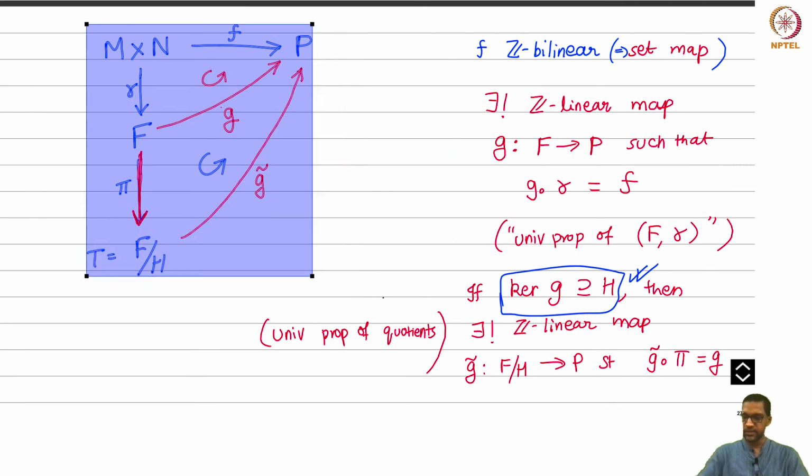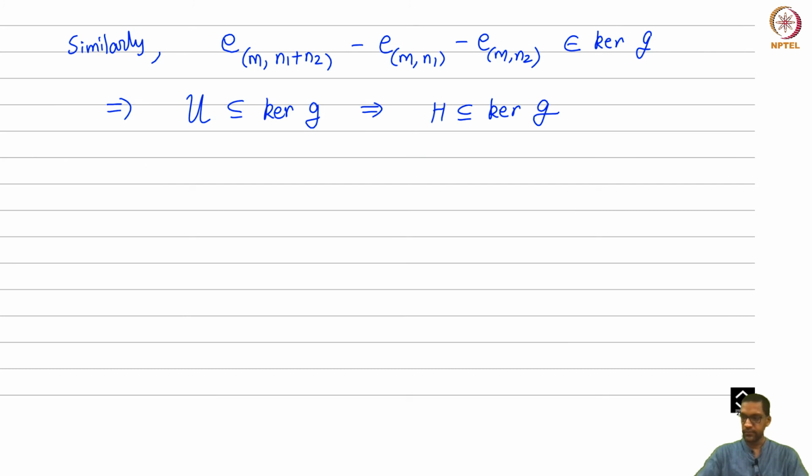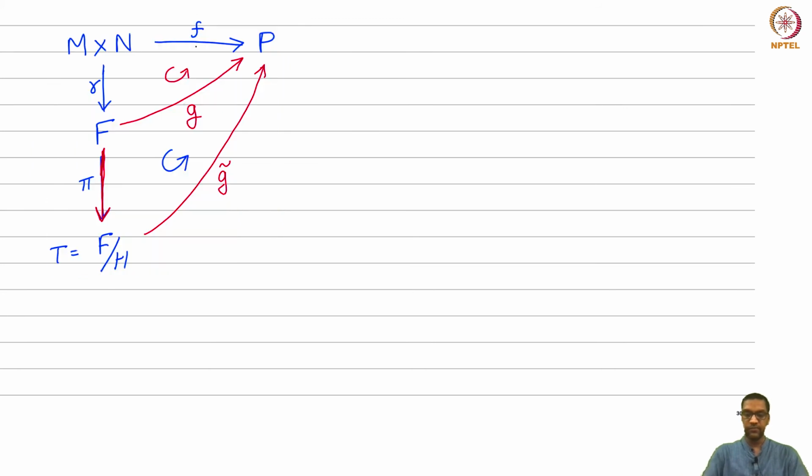So let's just copy this. So we have constructed, starting from F, this map G by using the universal property of the free abelian group. Then starting with G, we constructed G tilde by using the universal property of quotients.